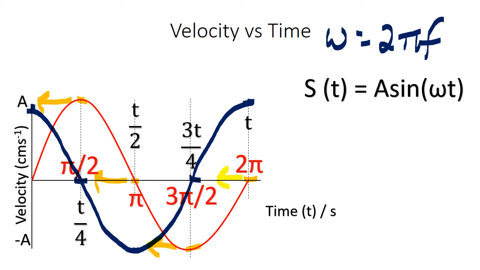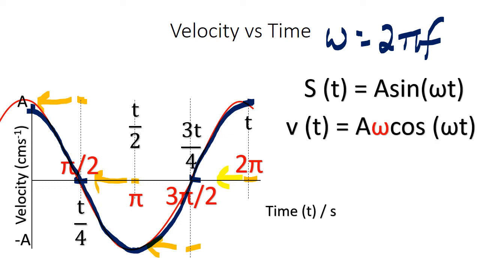This is the derivative of displacement versus time. Now I slide the red graph to the left. This is phase shifted now by pi over 2, and complete the line. Displacement versus time, the time derivative of that is velocity versus time.